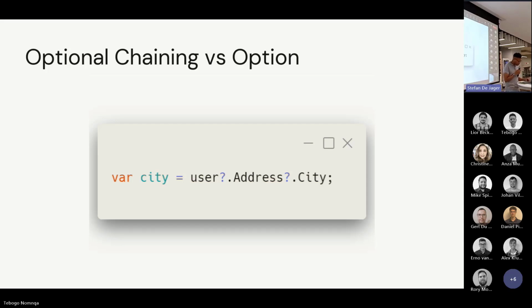In this example here, if a user or the address is null, the expression returns null. So this short circuits it. If any of these two are null, then the whole expression is null. While this is convenient, I mean, it's a one-line code, it doesn't require you to explicitly think about handling the nulls in between at each step here.